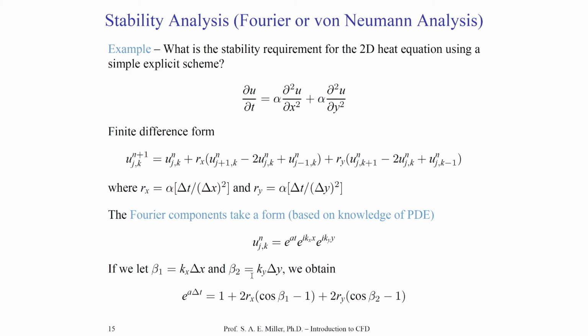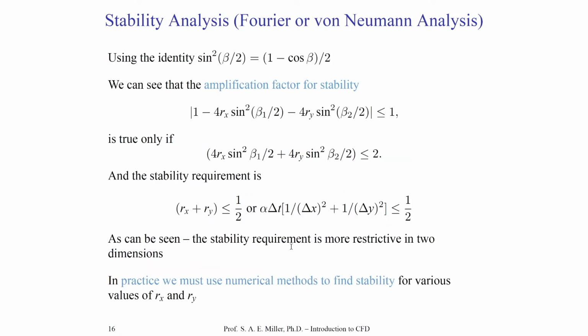Upon substituting these forms of beta 1 and beta 2 and simplifying, we'll find that e to the a delta t is 1 plus 2 rx times cosine beta 1 minus 1, plus 2 ry times cosine beta 2 minus 1. So we take this definition of e to the a delta t, like in the previous equation, make our substitution, and use our identity to simplify it.